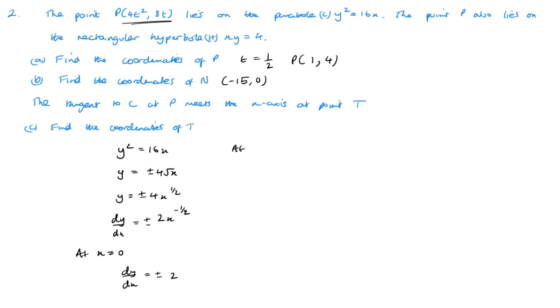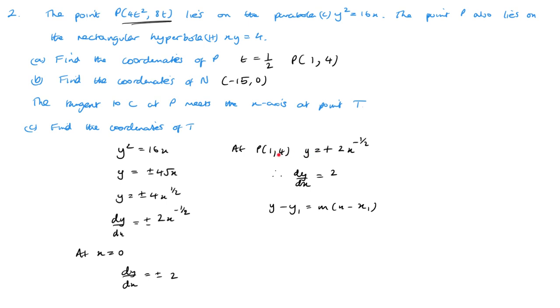Now, at the point (1, 4), y equals plus 2x to the minus a half, so it's going to be the positive one. Therefore, dy by dx equals a positive 2. So y minus y1 equals m(x minus x1).